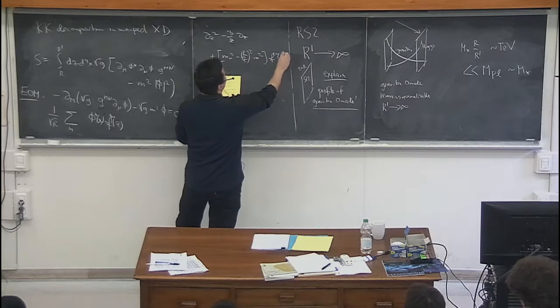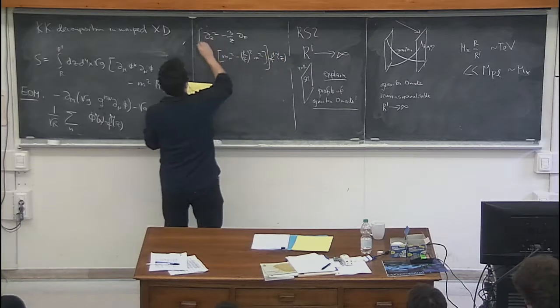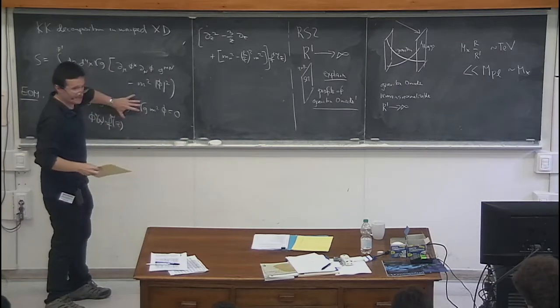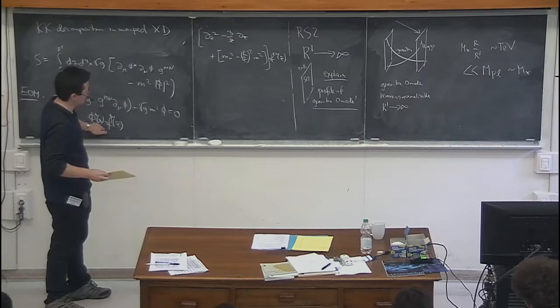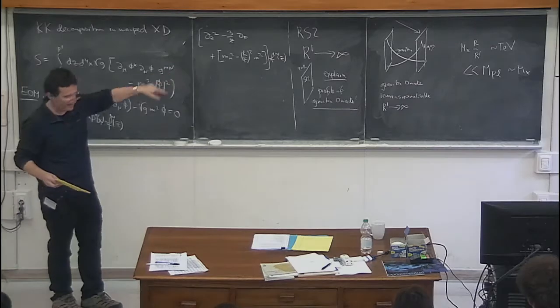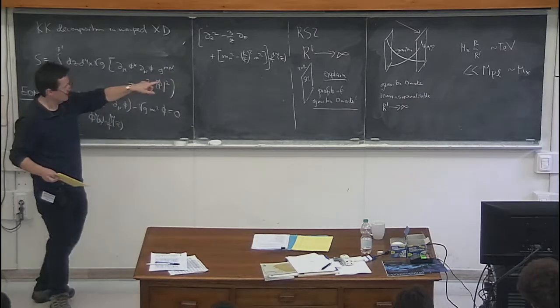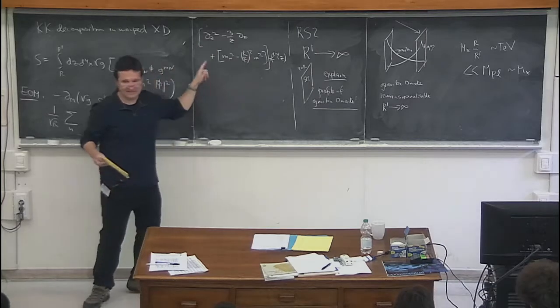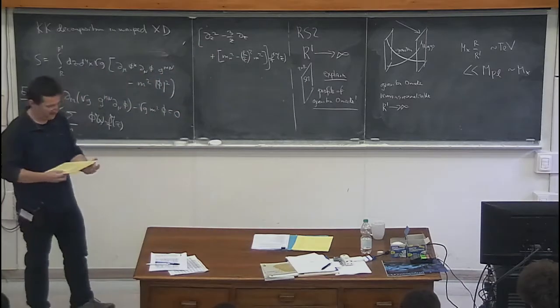So it's exactly what we just said. I shove this ansatz into my 5D equation of motion. I assume that the 4-dimensional one satisfies the equation box, 4-dimensional box acting on phi equals mn squared times phi, and then I will just get a single equation for the profiles.